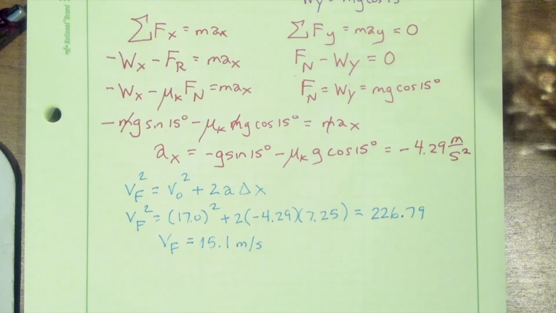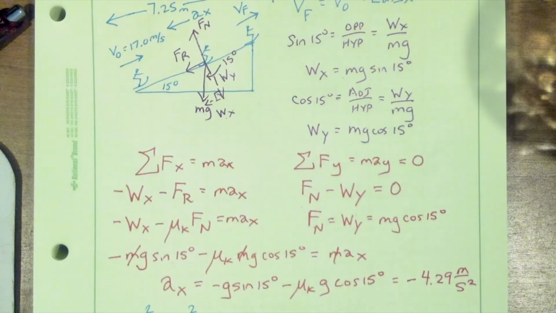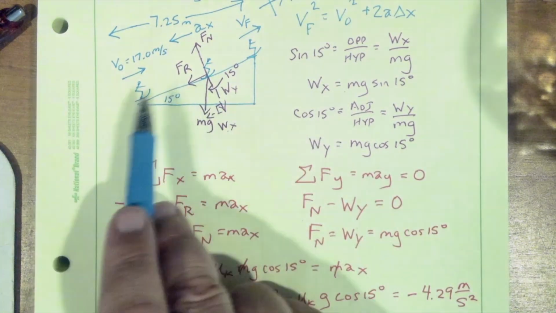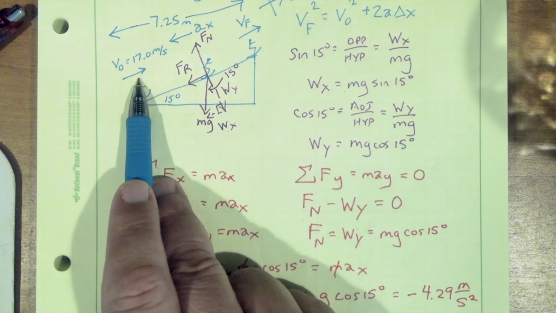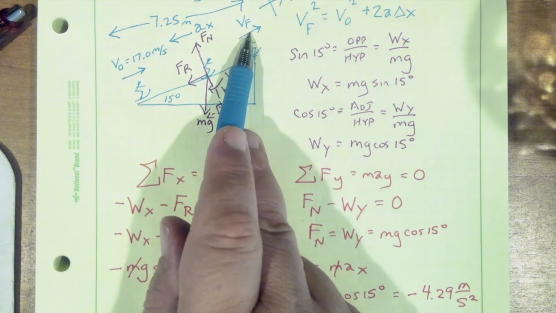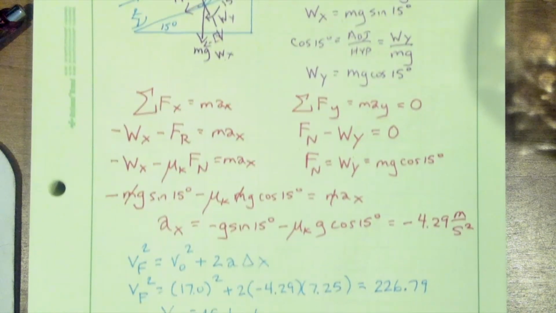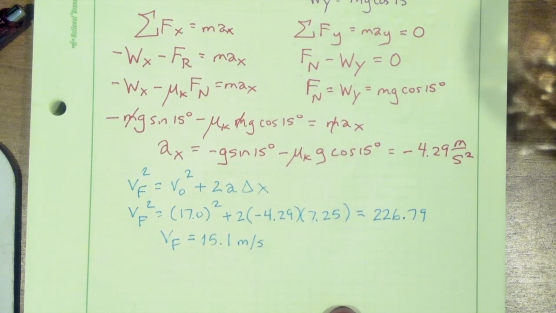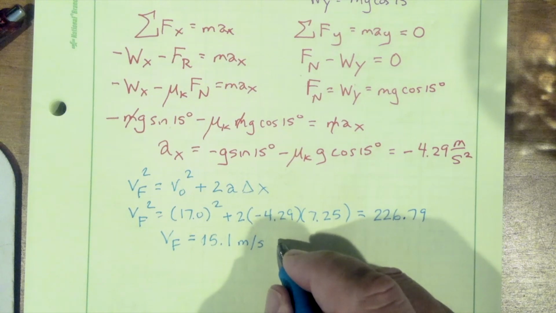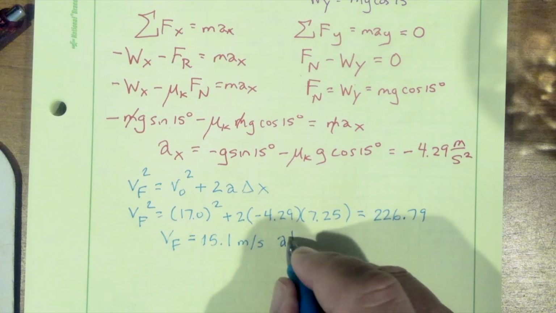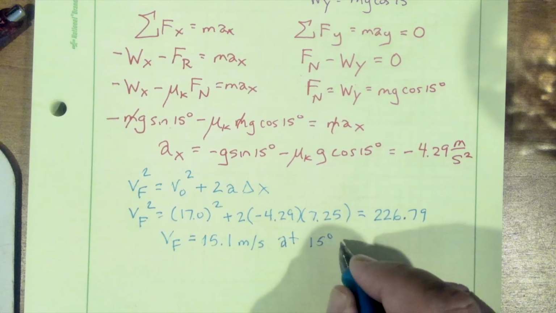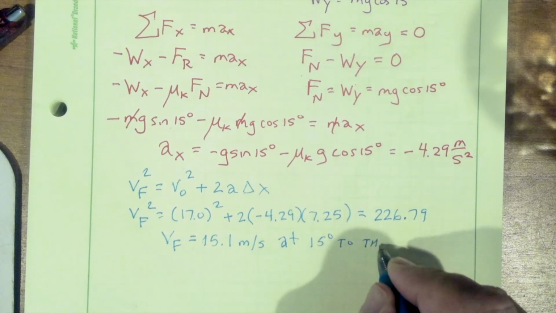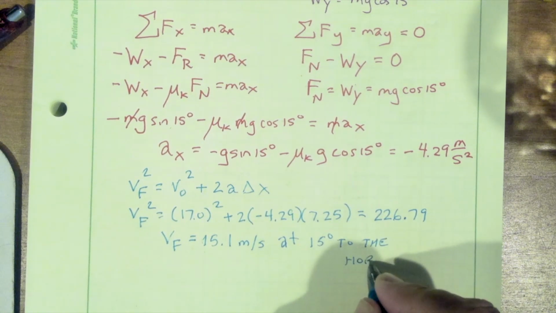So, as she goes up the ramp, her velocity decreases from 17.0 meters per second to 15.1 meters per second. And so the final velocity when she flies off the ramp is 15.1 meters per second at 15 degrees to the horizontal.